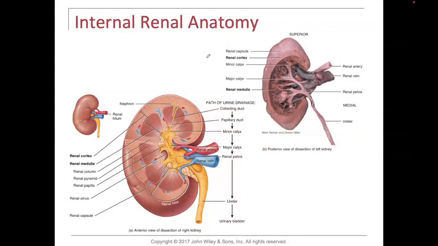So when we look here again, let's look at the path of urinary drainage. This yellow structure, which I've only mentioned by name briefly, the nephron, is a tubular structure. We see that some of it is in the renal cortex, and some of it is in the renal medulla.